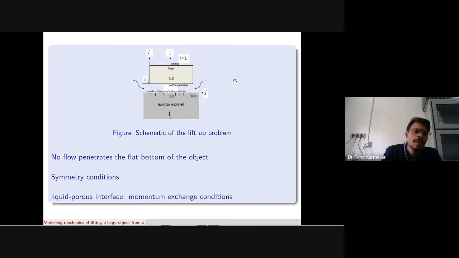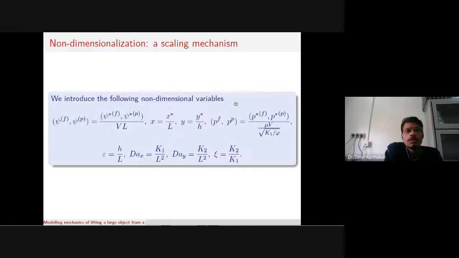This may not in general be a symmetric configuration, but for this work we have assumed symmetry. And at the liquid-porous interface, that is the mud line or the seabed, we assume that momentum exchange is happening, so we assume continuity of stress and velocities.